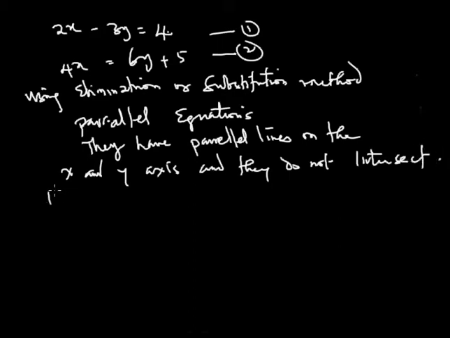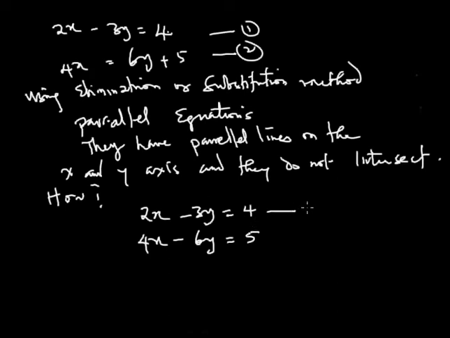How? Okay, look at this. 2x minus 3y is equals to 4, and we have 4x minus 6y is equals to 5. Equation 1, equation 2.